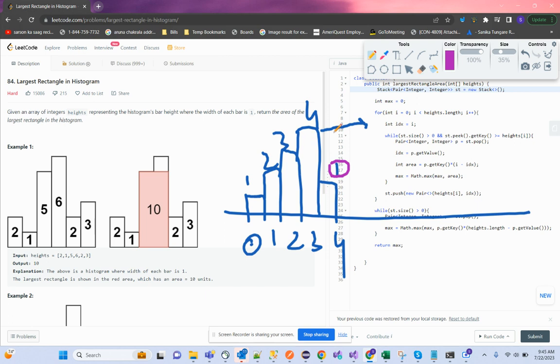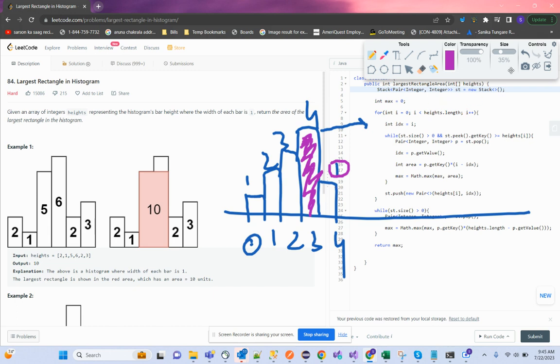If the height next to it is lesser, then we have to pop this particular area. Same if you check 3: we have to pop this particular area, and we cannot even go backwards because again the height is less. So you have to calculate the area of this particular number. We cannot go ahead since it's the smallest histogram over here.